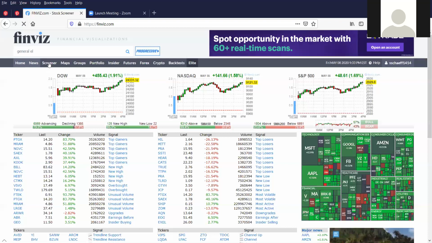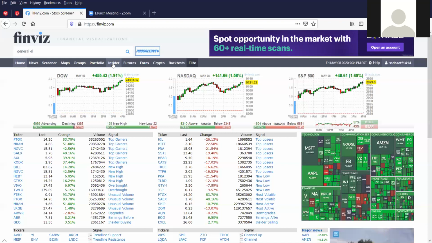There's a stock screener. You can filter down the stocks that you're interested in. There are heat maps. You can see one on the right side in green on this side. They have groups that you can speak to other investors about, to ask questions, to participate in conversations. You can create your own portfolios and track them in real time.